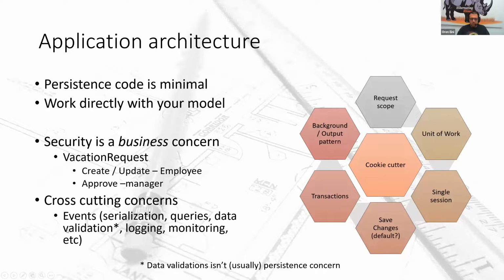I want to make a note about data validations. It is tempting to put data validation at the database level, but this is not usually a persistence concern, which is surprising because people hear, oh, I don't want to have bad data in my database.